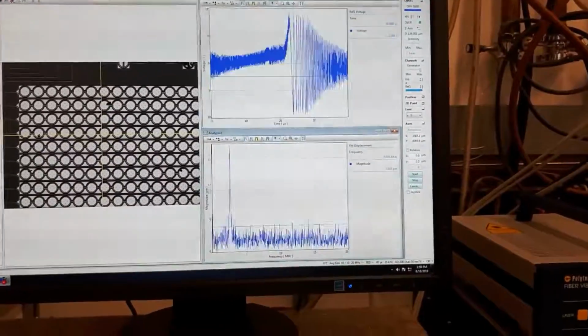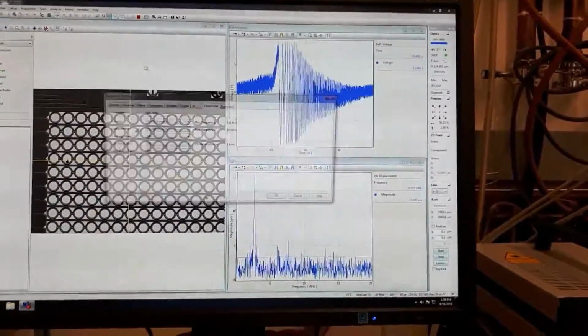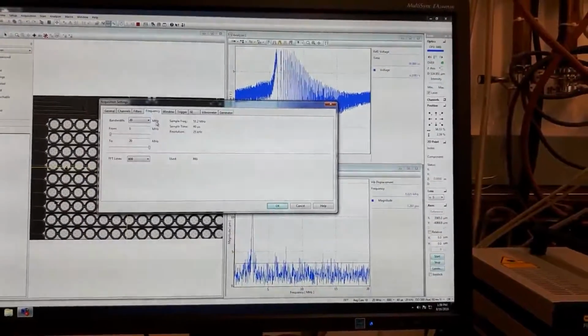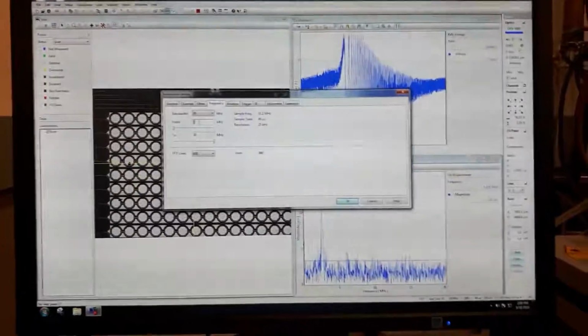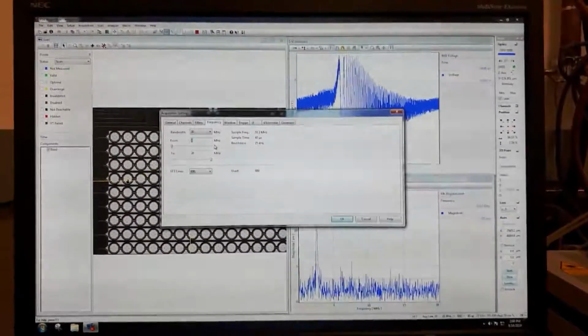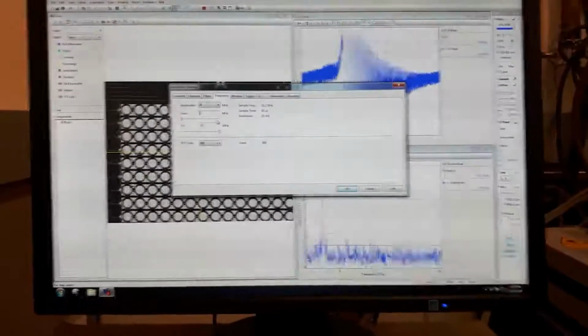What I can do in real time is open up this dialog, and you can actually modify the frequency. It's continuous, so it'll stop, and then you can select a lower frequency.